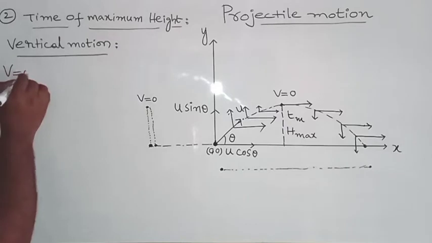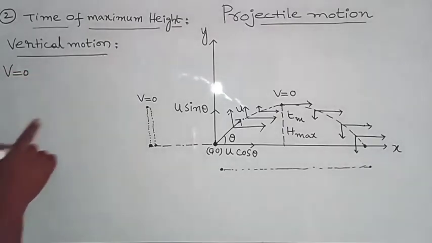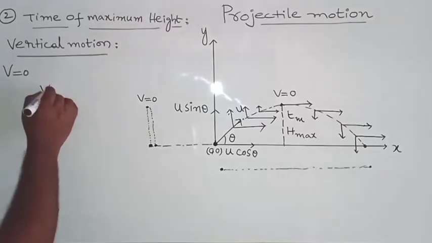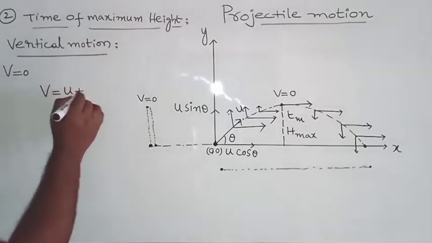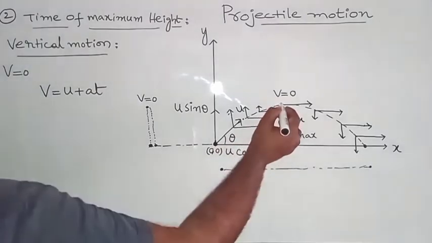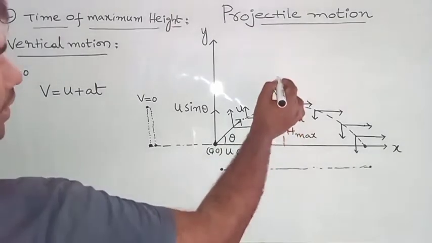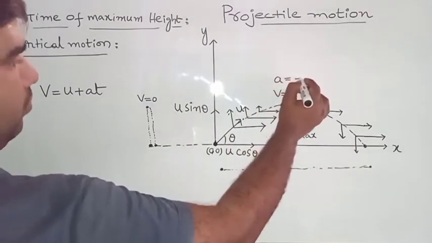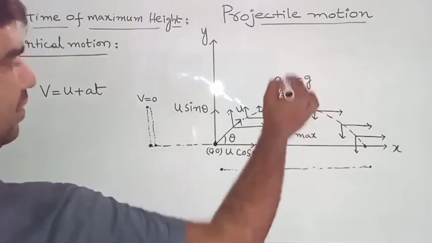V is 0. So we know the kinematic equations, from that what can we write? Here V equals U plus AT. At this point, acceleration due to gravity in the vertical direction is A equals minus G. It acts in the downward direction.